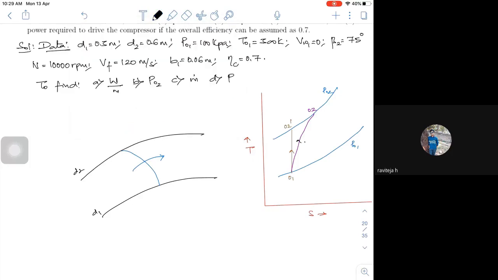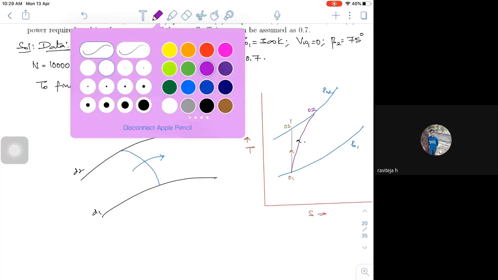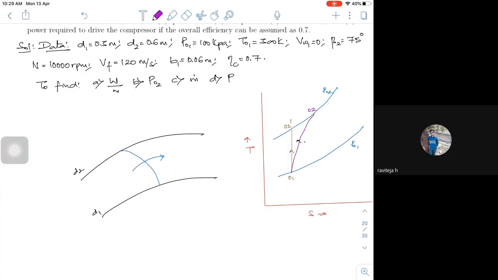So VR is in this direction, the corresponding VR1. The fluid is entering radially, that is radial inlet with VW1 equal to 0. So this is my V1 equal to VF1, and I have the corresponding U1, this is my alpha 1, this is my beta 1.